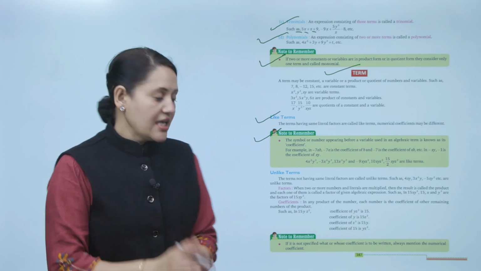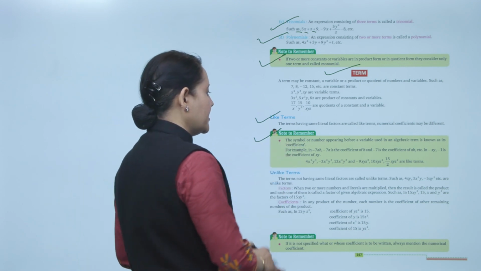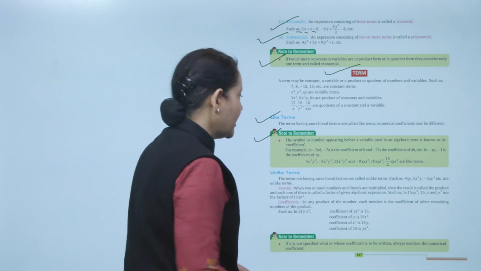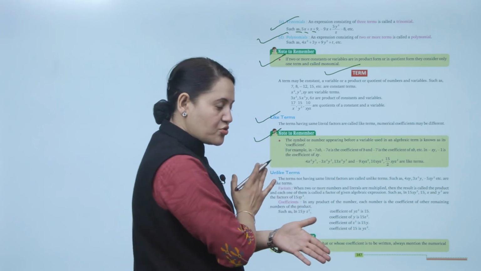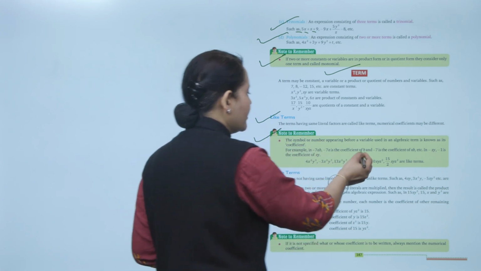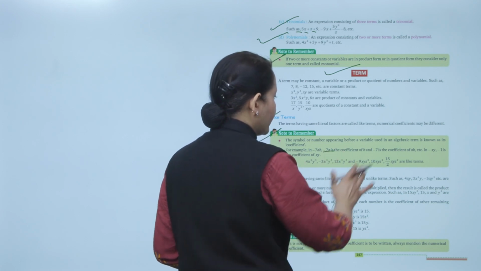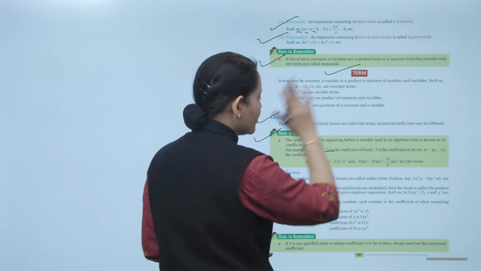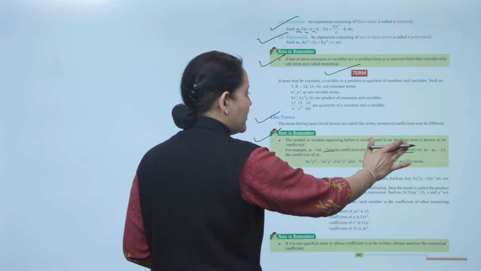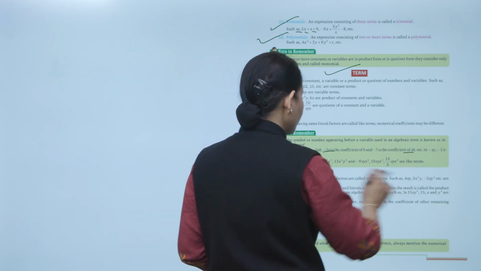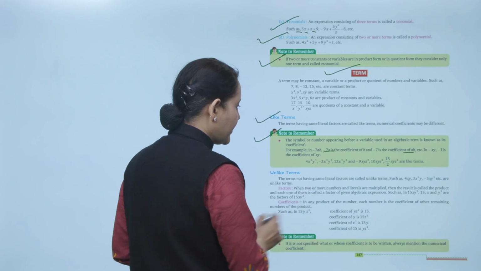For example, in minus 7ab, minus 7a is the coefficient of b. What will be the coefficient of b? The remaining part, like minus 7a. And minus 7 is the coefficient of ab, the remaining part. Clear? In minus xy, minus 1 is the coefficient of xy.